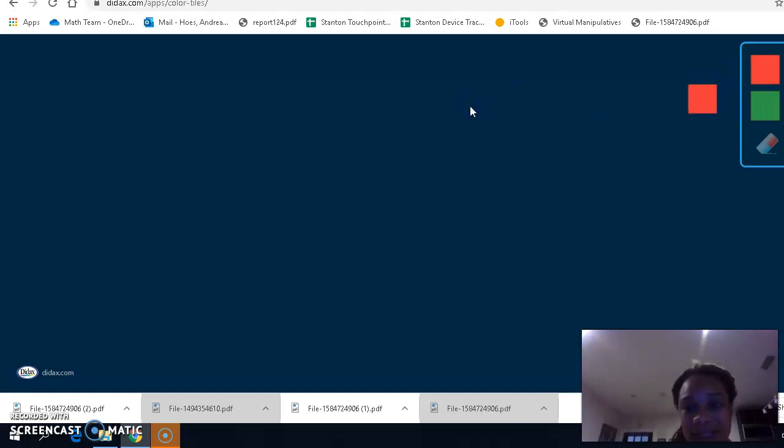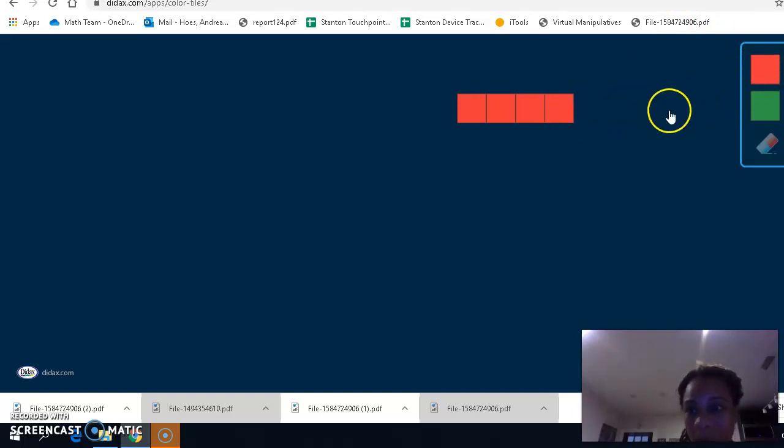So what I meant to do was to split the rows or split the color tiles, the rows into half, so that we will have 2 rows of 5 at the top. Let's try to do this again.